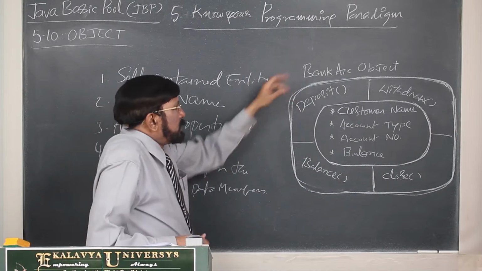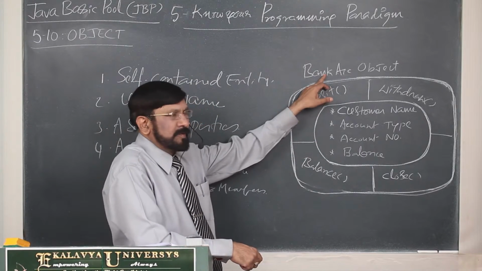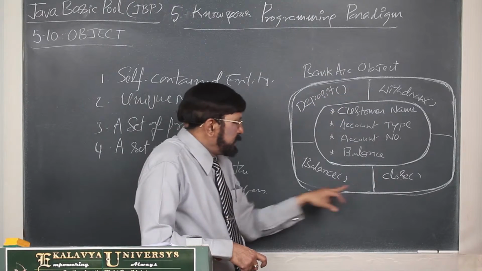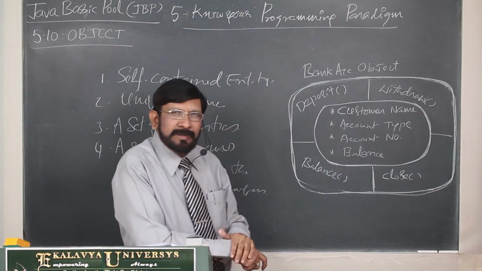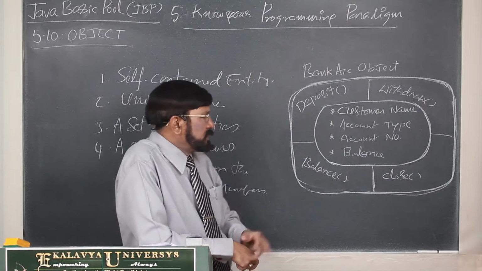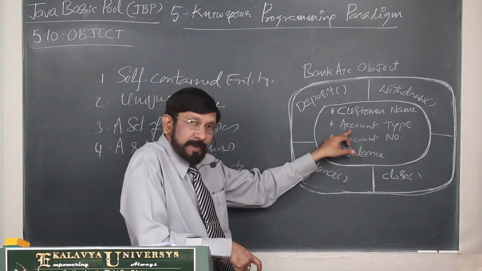That point you remember. Now, let us take a bank account for the example. Bank account, it is a self-contained entity. Its name is bank account. In this, what are the properties or data members? Customer's name, account type.